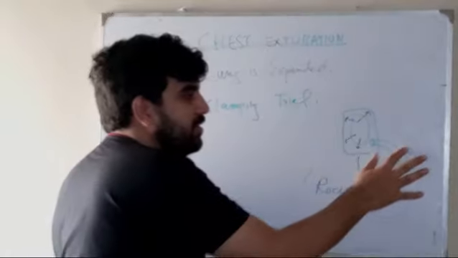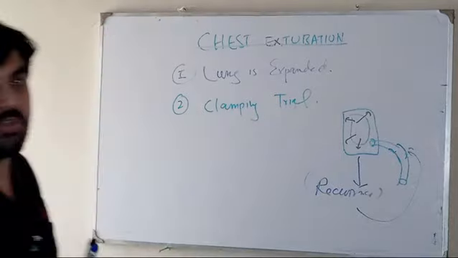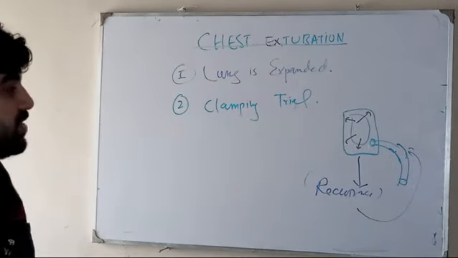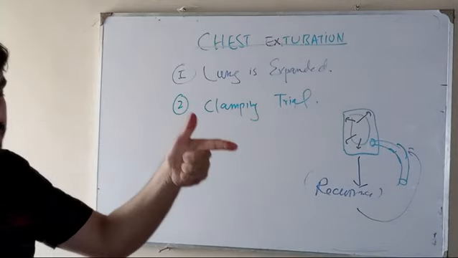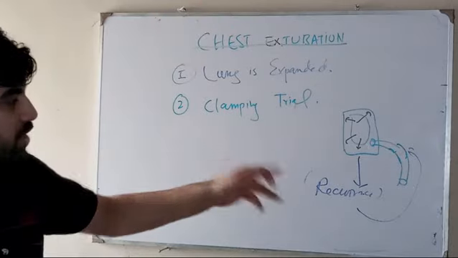and wait again and find out the cause, whether the cause has been treated or not. So you find the cause, you treat the cause, then you look at whether the lung is expanded or not, then you give a clamping trial.